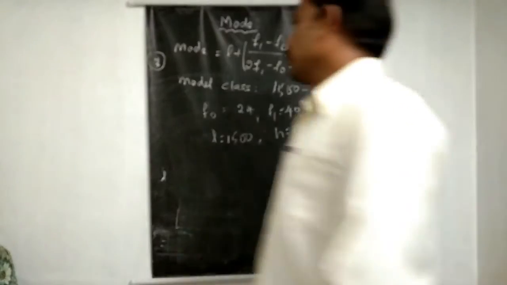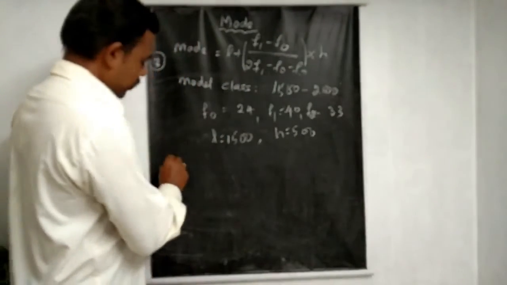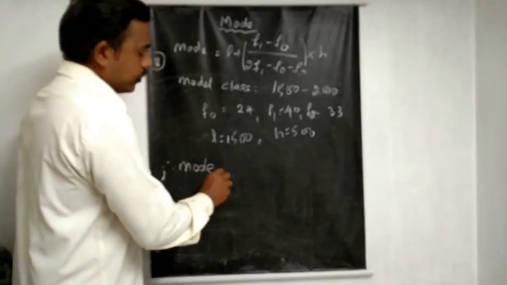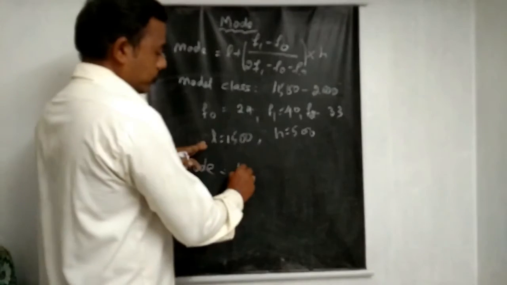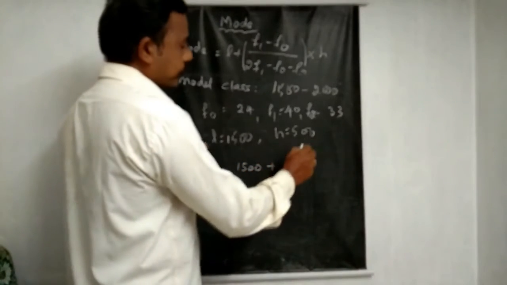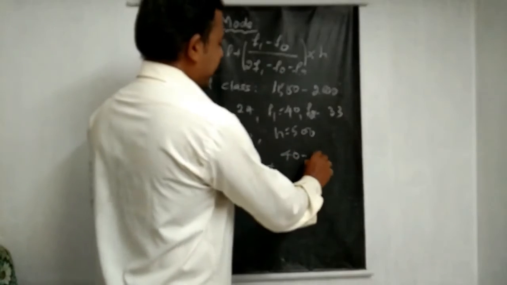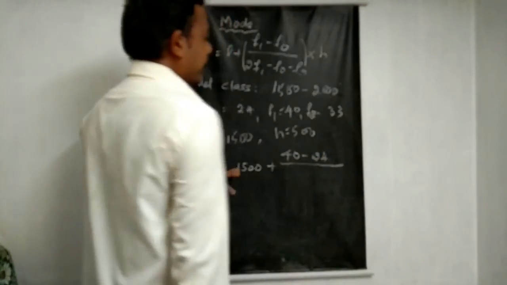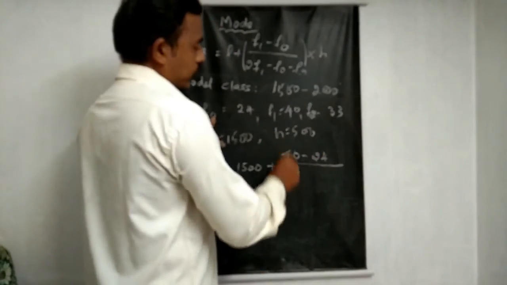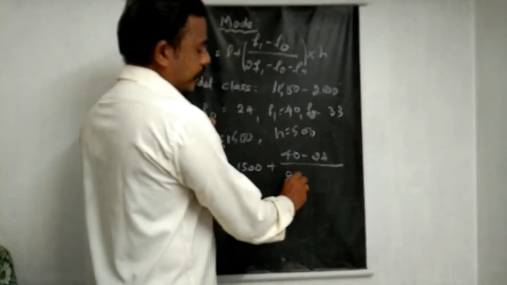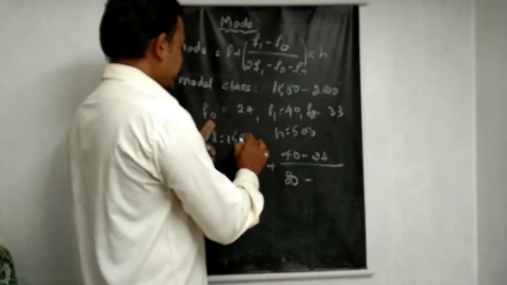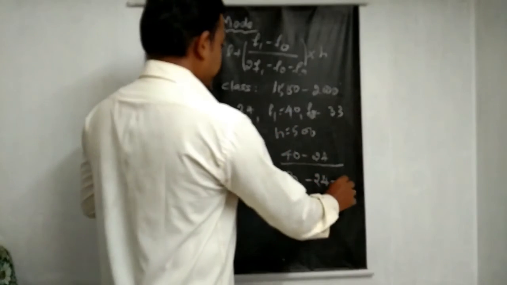This data is given, substitute and find your answer. So mode equals L plus 1500, plus (F1 minus F0), so 40 minus 24, divided by 2F1, so 2 into F1 that is 80, minus F0 minus F2, 24 minus 33.